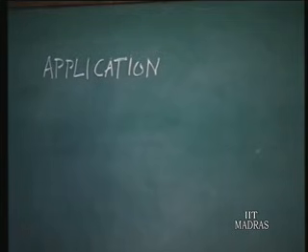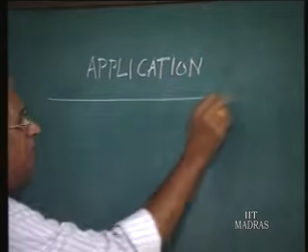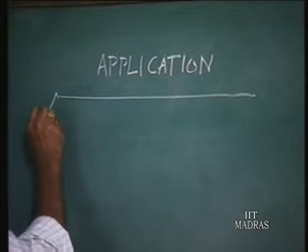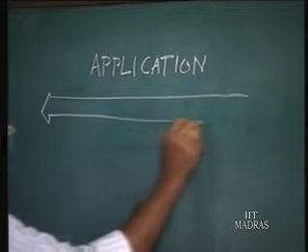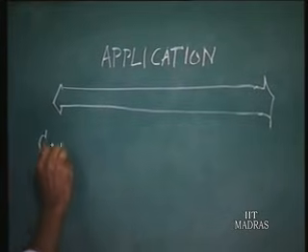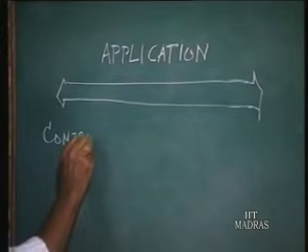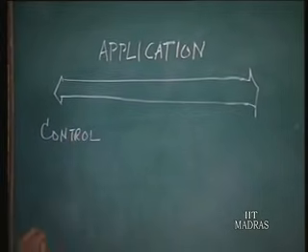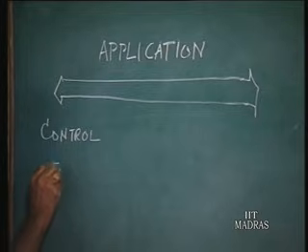So, what is this application spectrum? We may say broadly that at one end we have what we may call control applications, which I would say a bit loosely is essentially an electrical engineer's viewpoint.